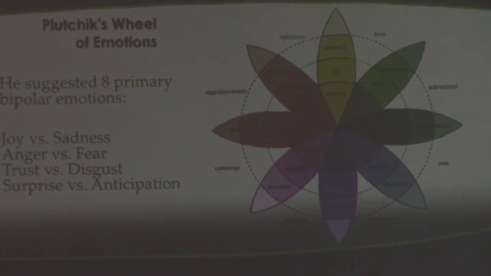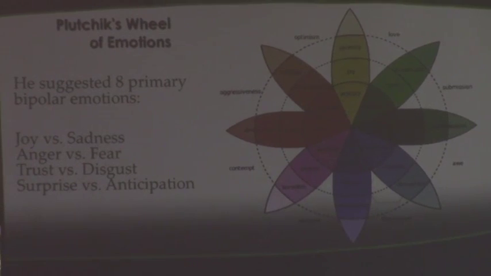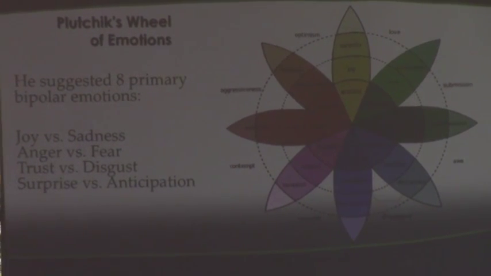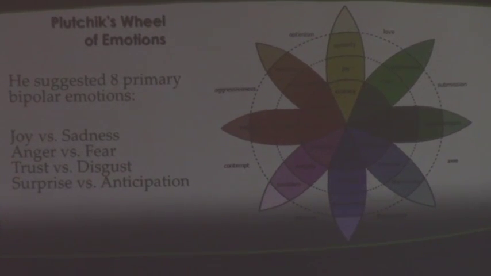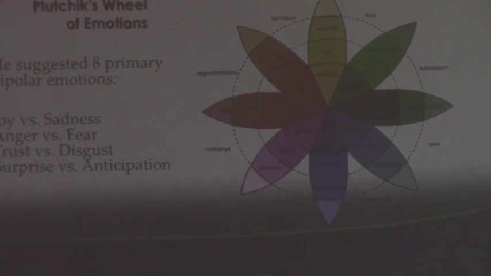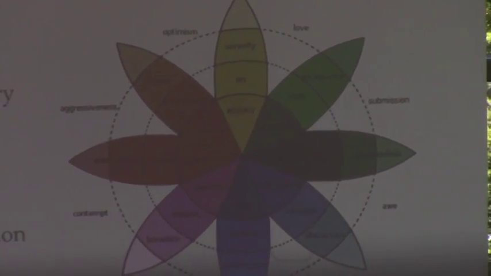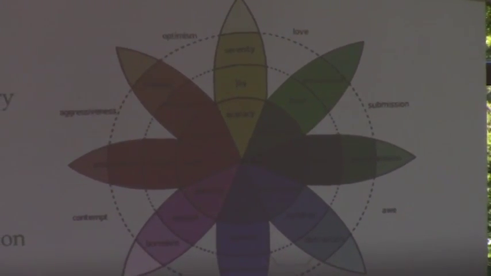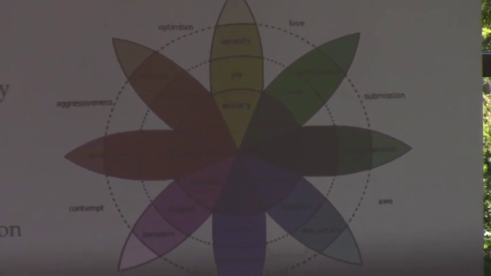And Plutchik, now everybody can say I know Plutchik's wheels. Thanks, Nathalie. He suggests 8 primary bipolar emotion. Surprise, sadness, disgust, anger, anticipation, joy, trust, and fear.